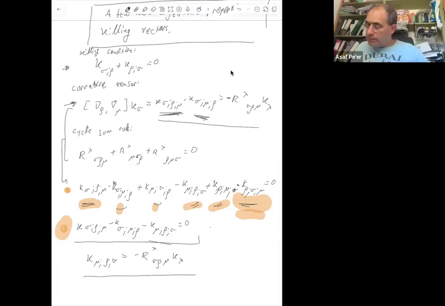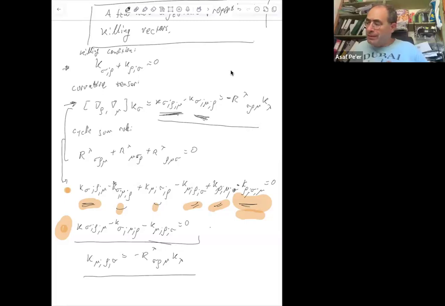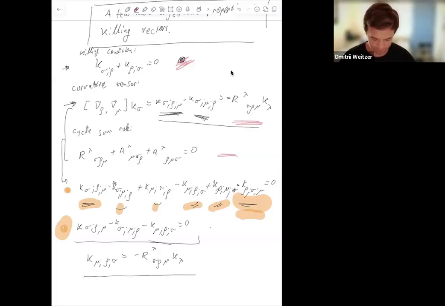Yes, and there's only one condition, it's the Killing condition. I started with the Killing condition here. Then I use a property of the Riemann tensor and the sum of the Riemann tensor. That's all I did. And then I just wrote it down.